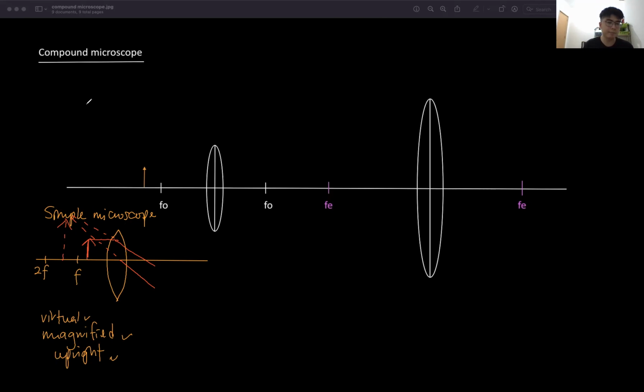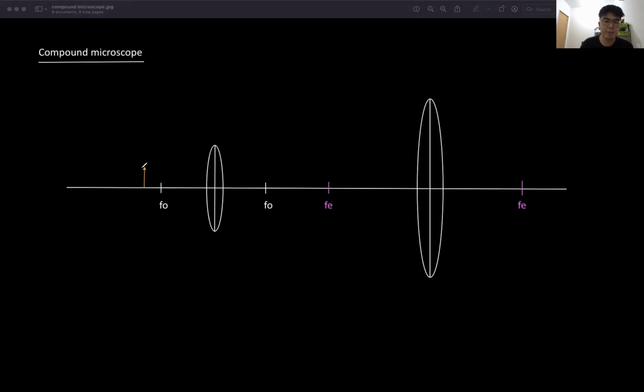Now we look at a more complex one, the compound microscope, which is made of two lenses. Let's start from the left side, the object. We got two lenses. The lens that is nearer to the object that we want to magnify, we call the objective lens.